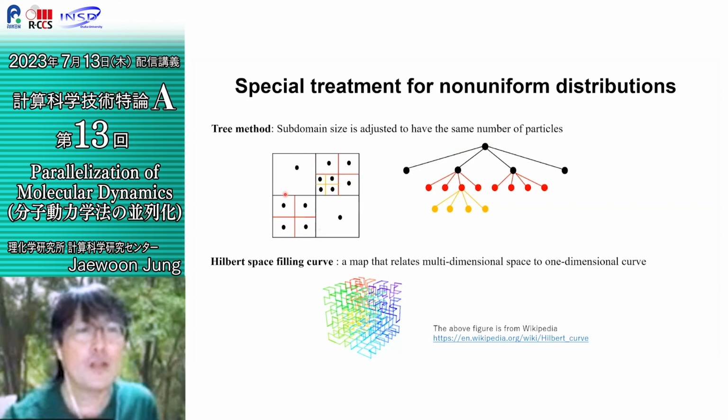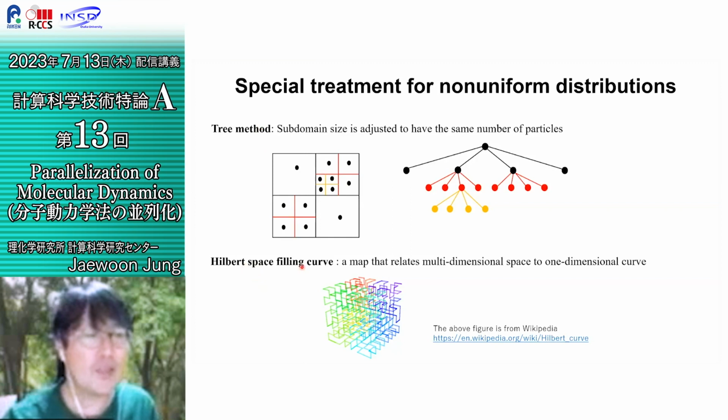And then from there, in some parts we assign a much larger subdomain, and in other parts a much smaller subdomain, such that each subdomain has the same number of particles. The right side is also like this. Based on this tree method, there are several variants, and you can consider many ways to do it.